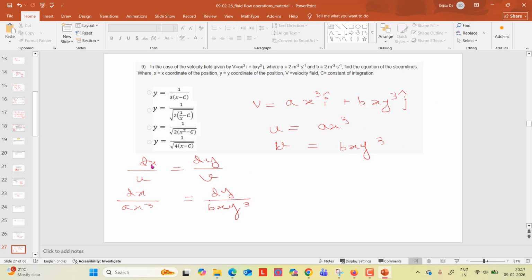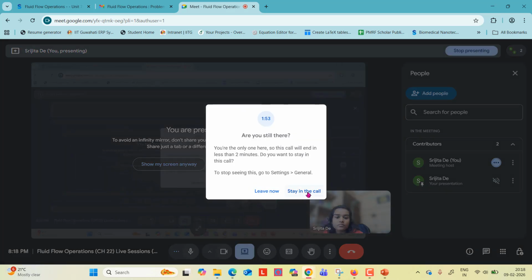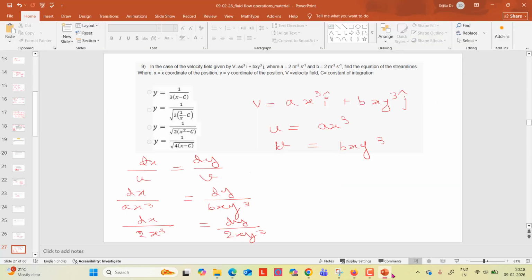A is 2 and b is 2. So this is dx by 2x cube equals dy by 2xy cube. So 2 will be cancelled out. So what is that? dx by x cube equals dy by xy cube, right?